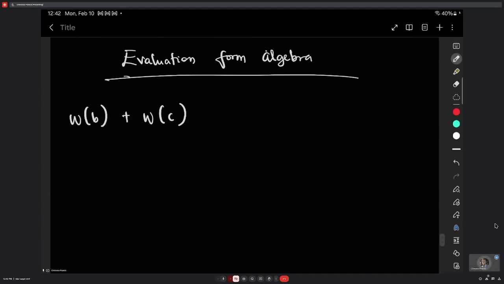Let's say WB is one variable, so that will be 2 values, 2 evaluations. Let's say 3 and 5. And let's say WC is still one variable. So let's say 6 and 8.